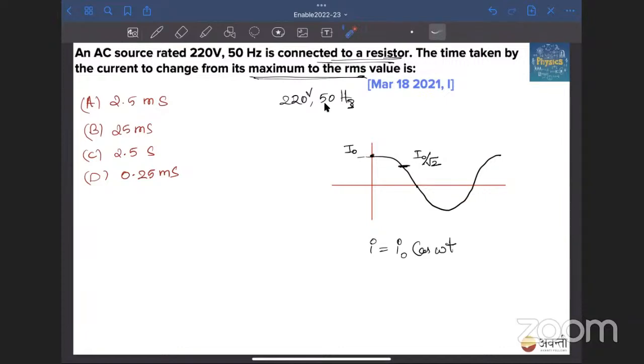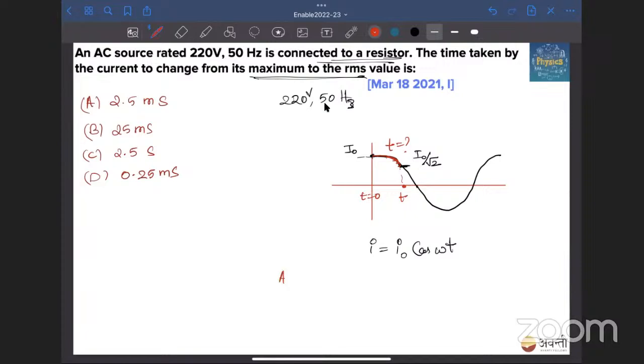So we have to calculate the time when it changes from I naught to I naught by root 2. Let's say time here was 0, and let's say time here is something t. So how much is the current at t time?